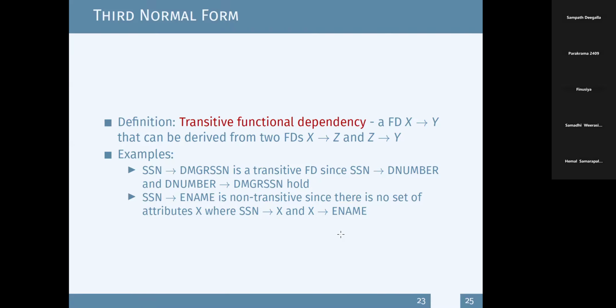Using the department number, we can determine the department manager social security number. So we say it's a transitive functional dependency. But if you say social security number with employee name, it's non-transitive, and there is no other attribute through which we can find this relation.